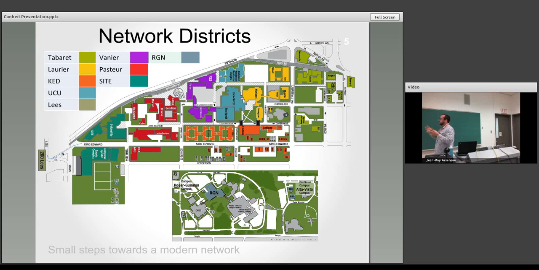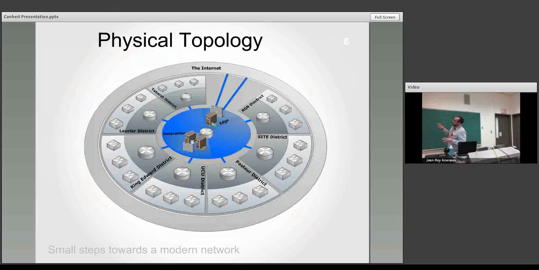You deploy your distribution and your accesses, and then from there you redeploy the same IP scheme and everything. So for us, we have 4 major modules. We have the district module, which is the one that feeds the campus, the faculties, and the underlying community. And then we have the data center module, the edge module, and the campus services module.